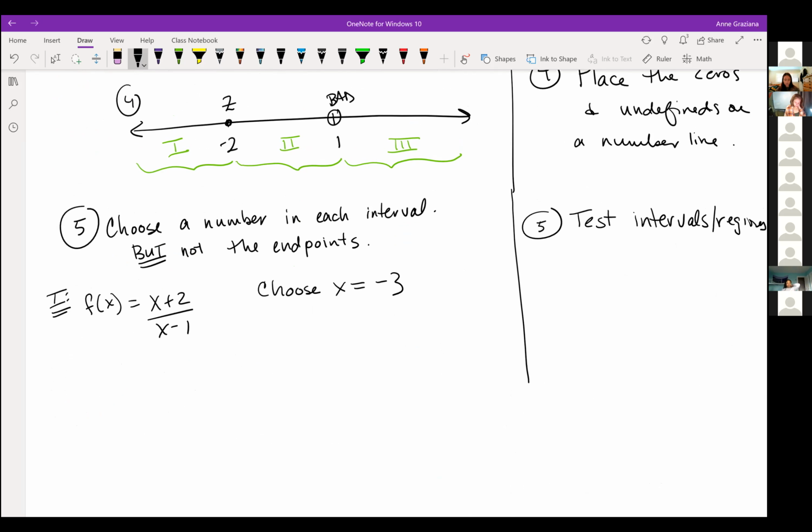So I'm going to pick -3 and plug it in. f of -3 is -3 plus 2 over -3 minus 1, and this is going to be -1 over -4, which turns out positive. Negative over negative is positive. So in the region before -2, this is positive.